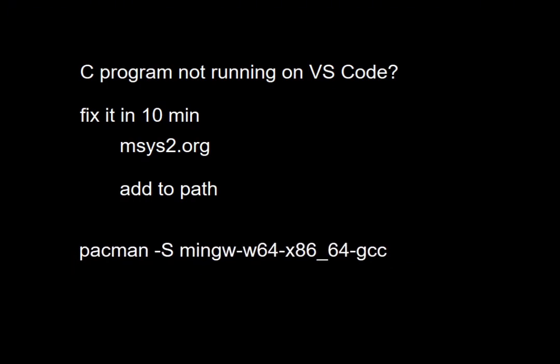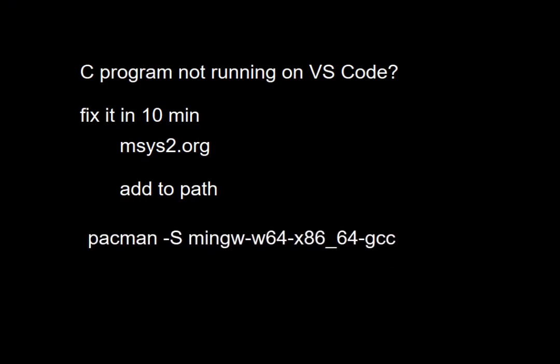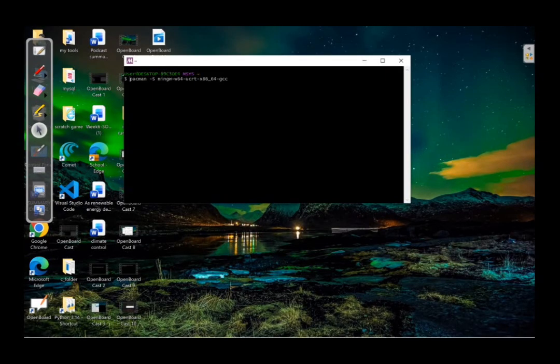Now if that doesn't work, or even if it worked but there are still some files that you can't extract, what we need to do, first of all, how do you know if it worked? This is how you know.